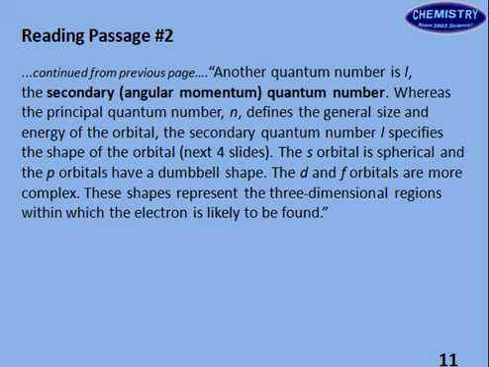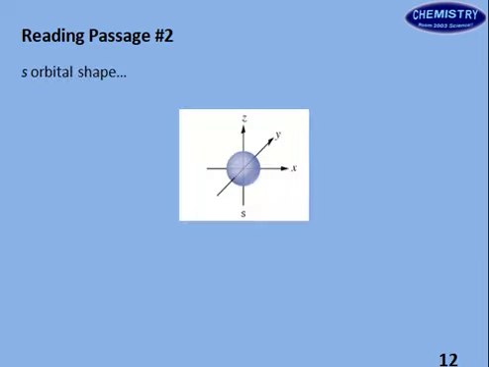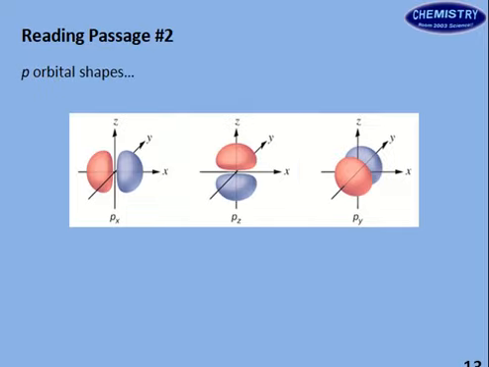Now this passage also has figure or picture slides with it. So here is the shape of the s orbital. The p orbital shapes.